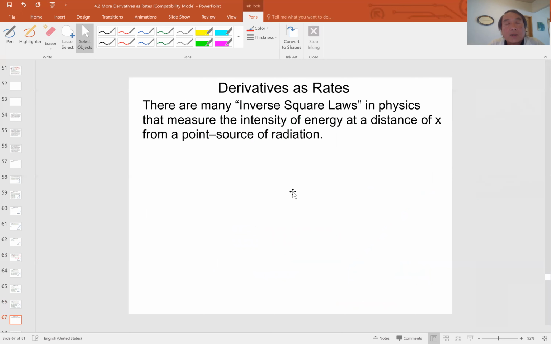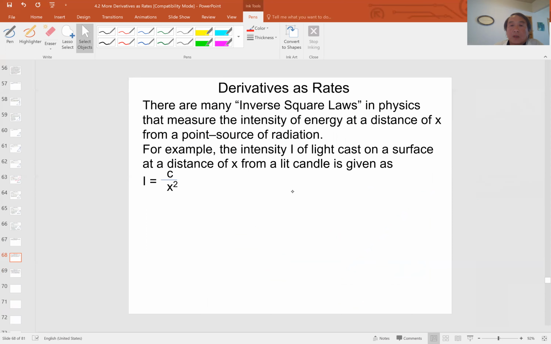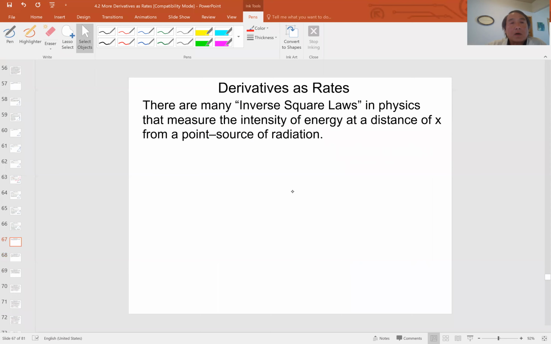Here is another example. This is something in physics that shows us the so-called inverse square law. This occurs in a lot of places, for instance in gravitation, in light intensities, in the energy of explosions, or even spray paint, all related to this geometrically based law.